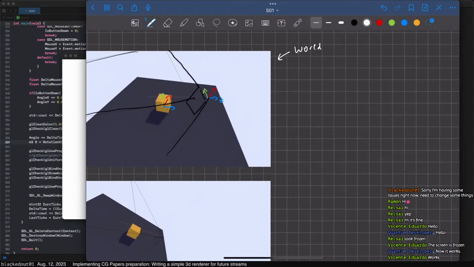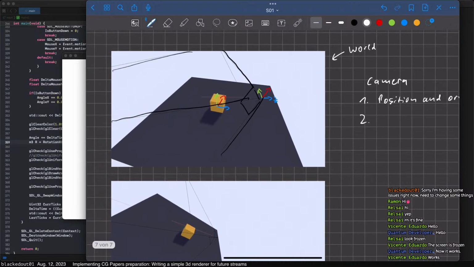First, it has a position and orientation. This is what is encoded in this coordinate system here. And then we can also define how much we see.